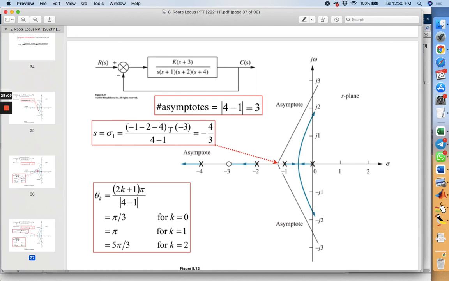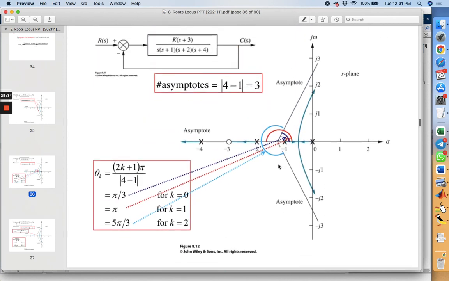Then we subtract the zero, which is minus (+3), over the number of poles minus the number of zeros, 4 - 1. What we get is -1. So this is the intersection of asymptotes.